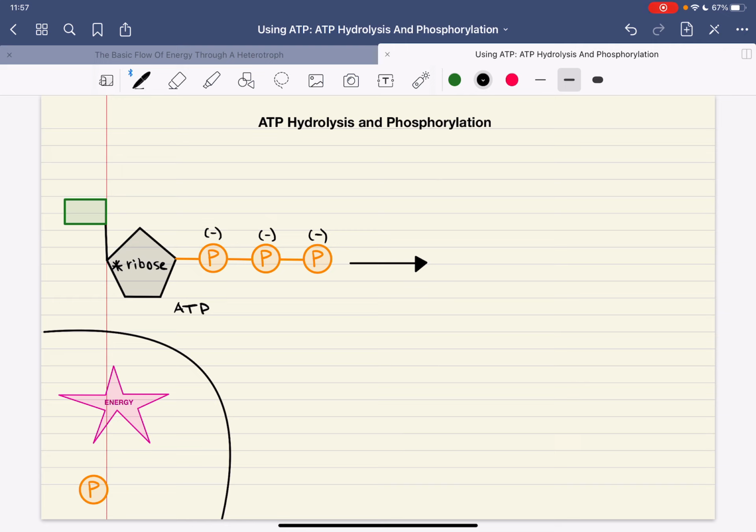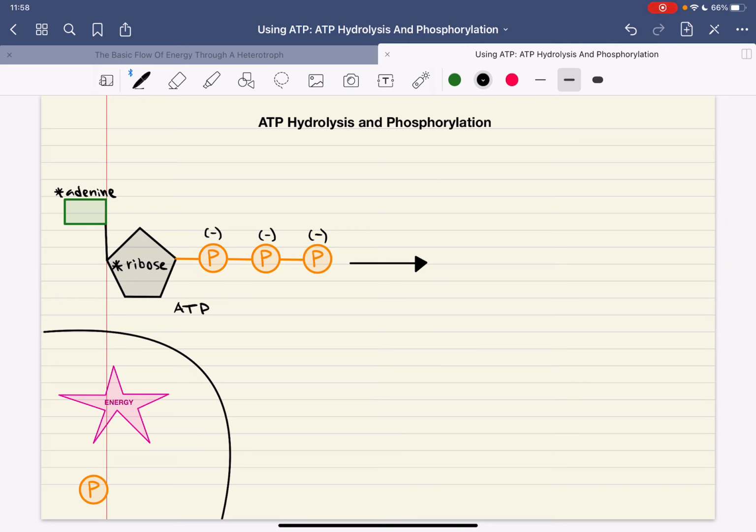And the base happens to be adenine. So ATP is really similar to the nucleotide A, adenine. But our question here is, how do we use this ATP to power our functions? How do we use it to move or to build a bigger molecule?